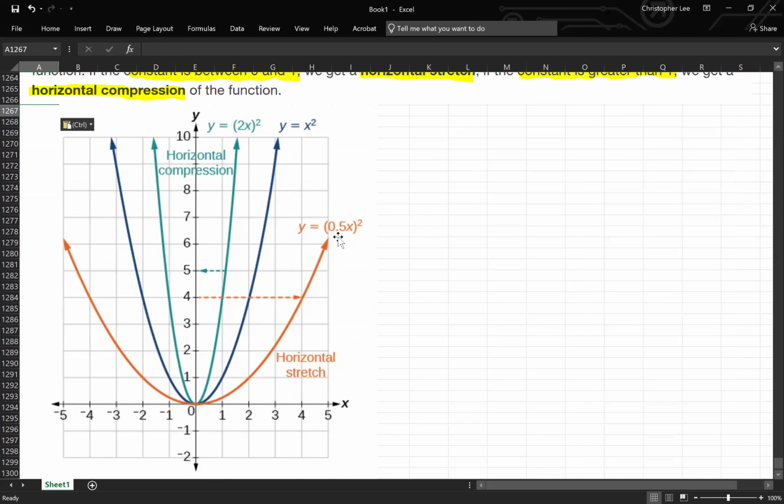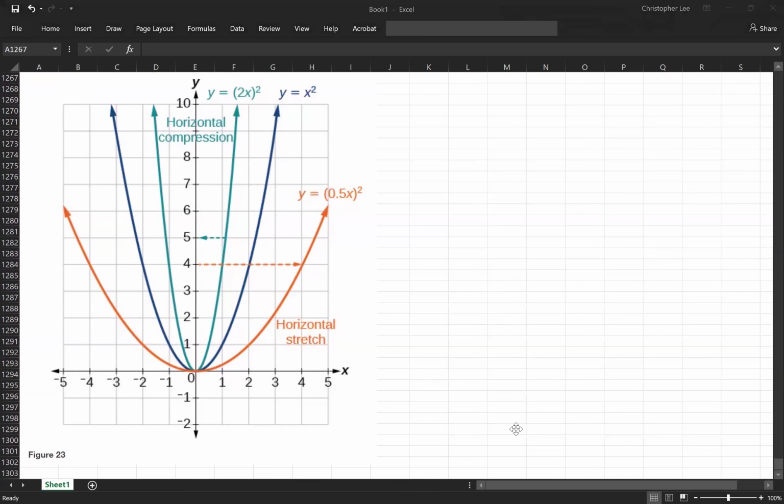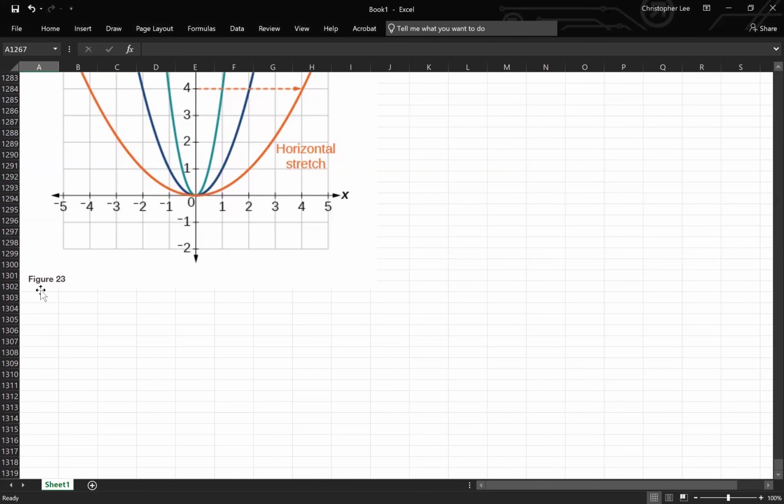I'm horizontally stretching it out by the fraction. But when I multiply it by a constant number that's bigger than 1, like 2, I'm compressing it by 2. All right. So that's what this is essentially saying. It's a backwards idea, but it's true.